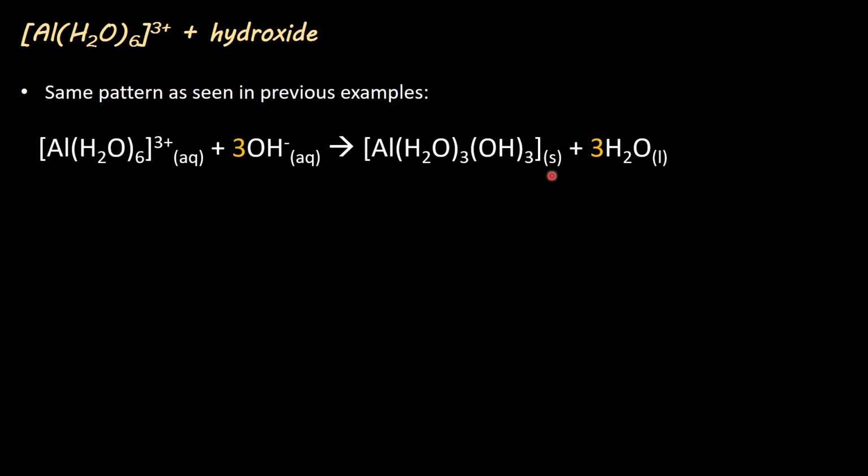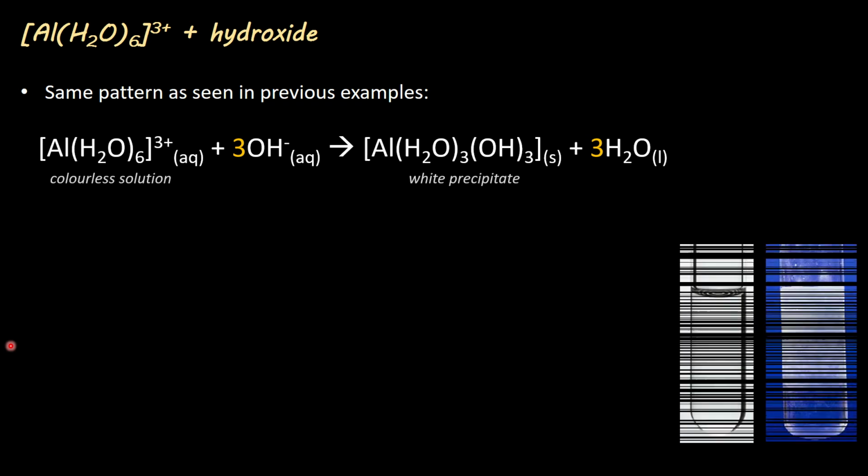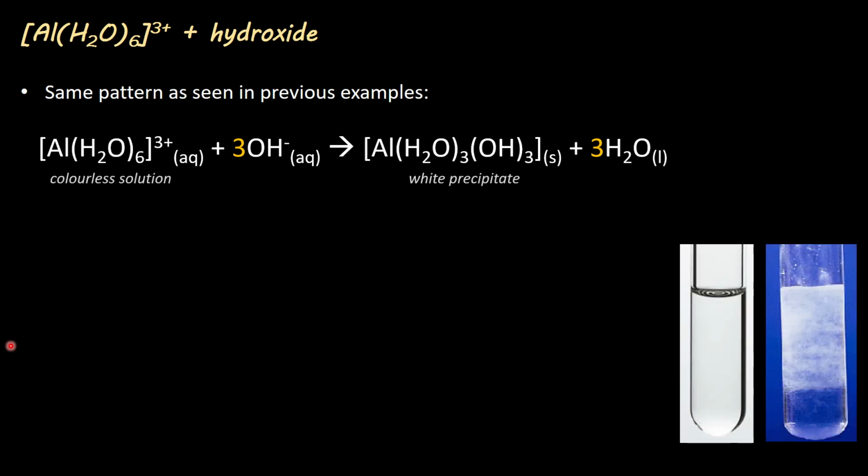Again, I just want to remind you it's not a transition metal. Observations. So we said at the start of this video that because it's not a transition metal, it's a colourless solution, and any solids that are formed are just going to be uncoloured as well, so white precipitates. True. Now, aluminium is a little bit different from the other examples we've had, in that it's amphoteric. All right, there's the observation for you.